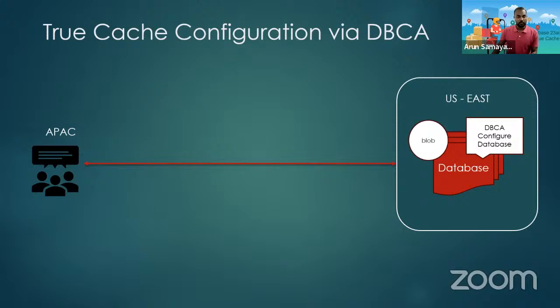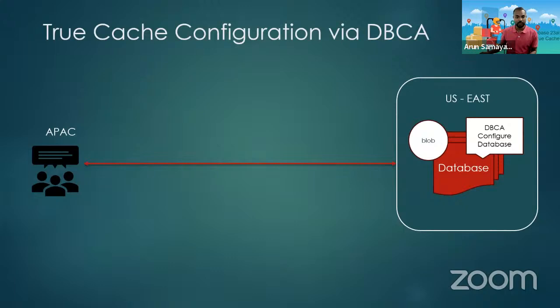And what we will do here, in order to establish the connectivity with the True Cache database that we are going to create, which is closer to the APAC region, is we are going to generate a blob. Again, when we call it a blob, it is not a blob data type.